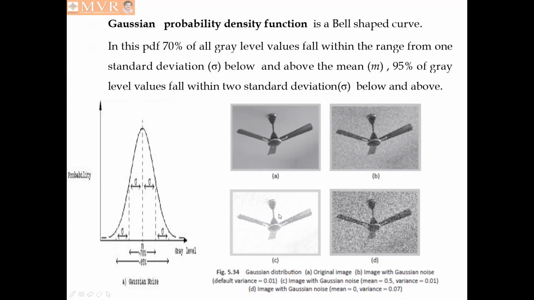But in C the mean value equals 0.5, and the next one is the D image, an image with Gaussian noise with mean value equal to 0 and variance equal to 0.07. So whenever the original image A is corrupted by Gaussian noise, the images will look like B, C and D.